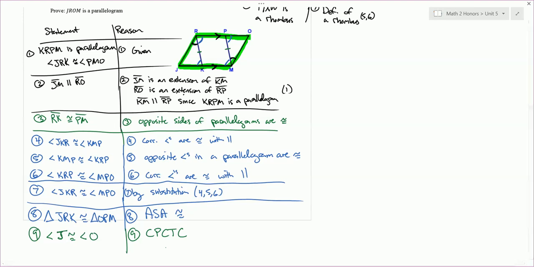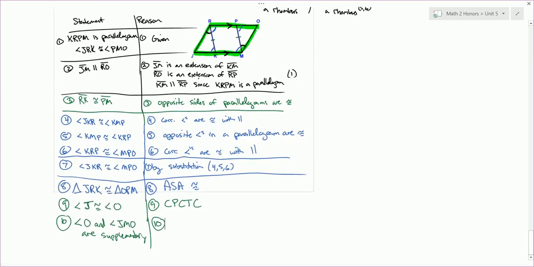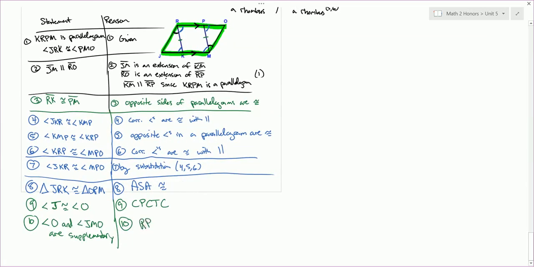We can say that angle O and angle JMO are supplementary, since KRPM is a parallelogram in our given.